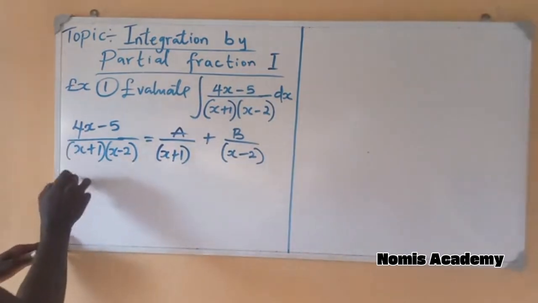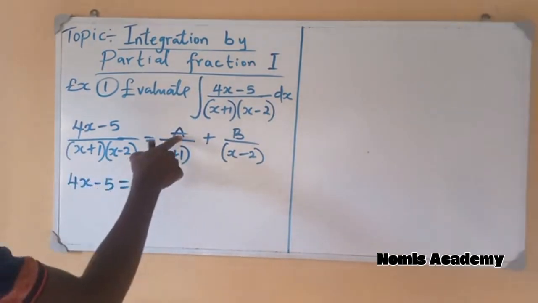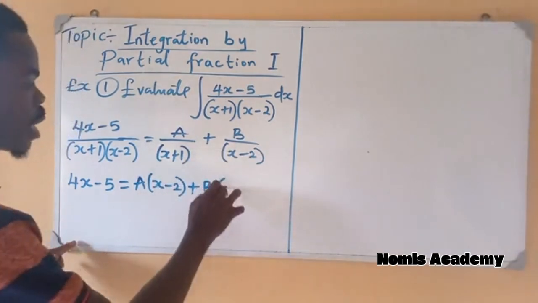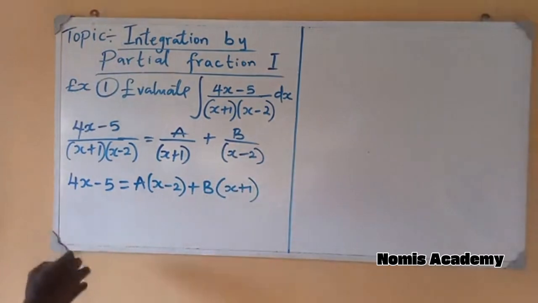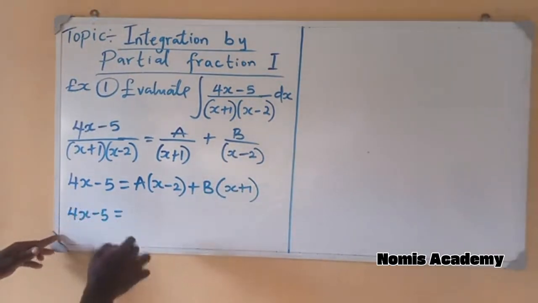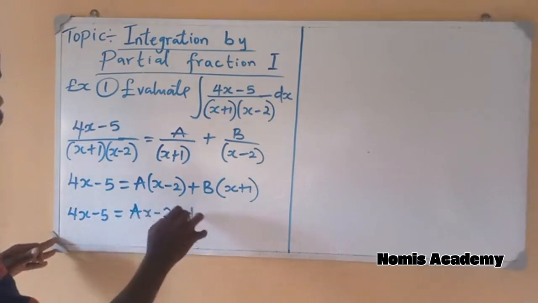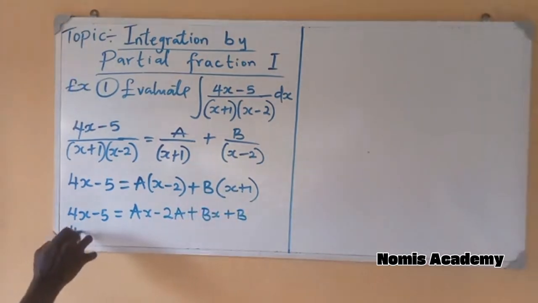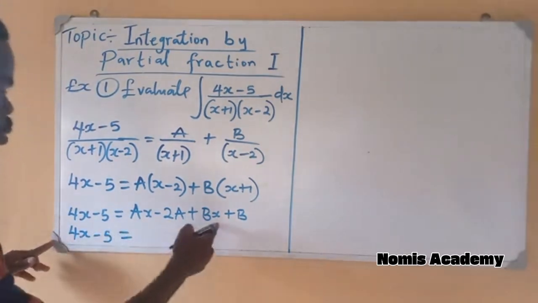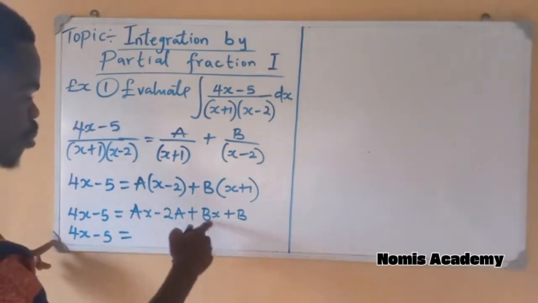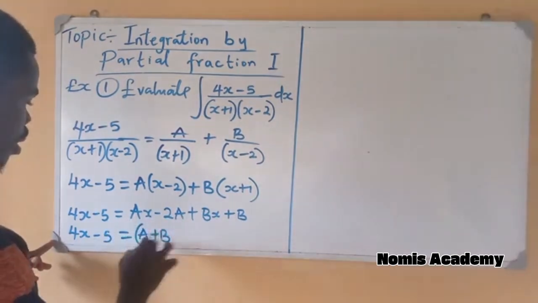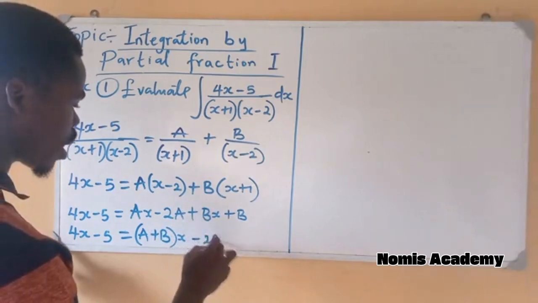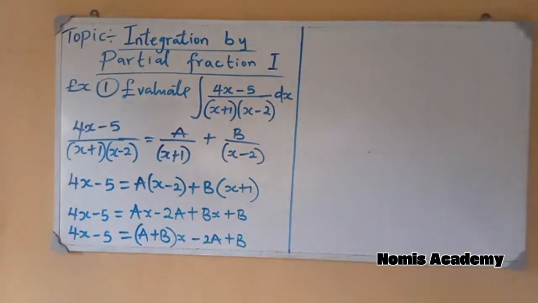Now, we can say that 4x - 5 is the same as A multiplied by (x - 2) plus B multiplied by (x + 1). Then 4x - 5 equals Ax - 2A + Bx + B. Collecting like terms, Ax + Bx gives (A + B)x, and then the next one we have -2A + B. Now we can compare coefficients of x.